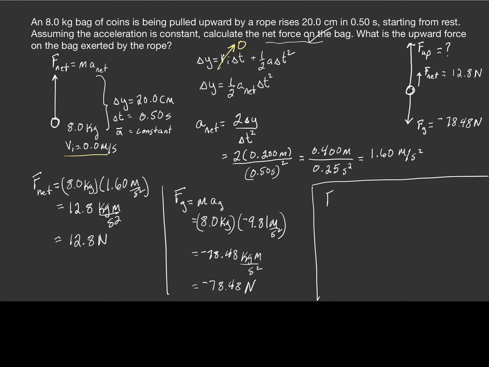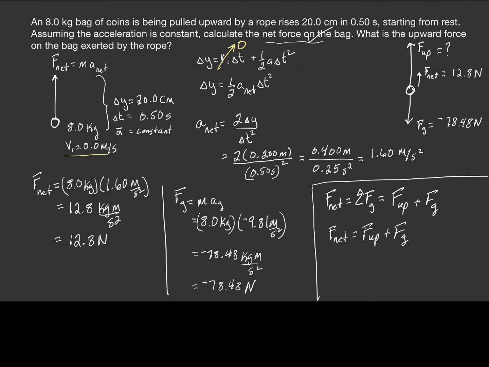All right. We have pretty much everything we need at this point. We know that the net amount of force is going to be equal to the sum of the forces. In this case, the sum of the forces is along the y-axis, which is equal to our upward force plus our downward force, okay? It's the sum of those forces. So net force equals force up plus the force pulling downward.